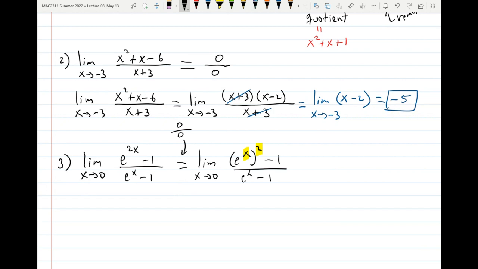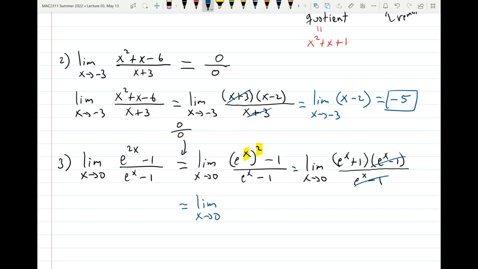Okay, so now we can see that the top is a difference of squares, right? So we can factor that as e to the x plus 1 times e to the x minus 1, over e to the x minus 1. And now we can simplify these factors and once again exchange the previous function for this one, which agrees at all points except at x equals 0, right?